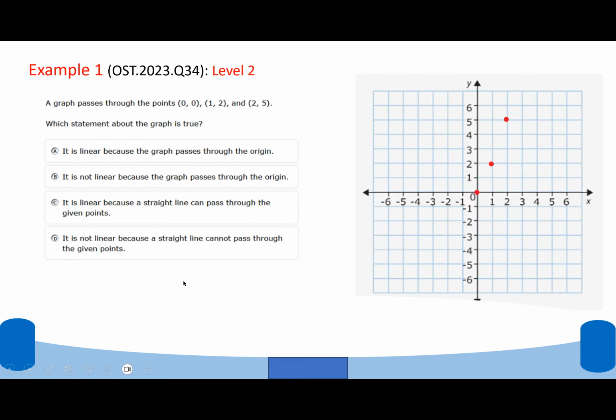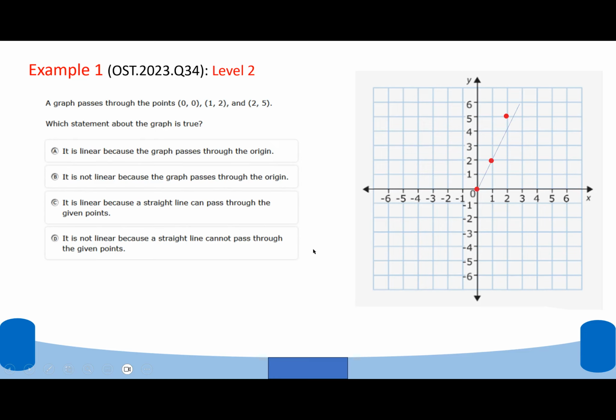So I draw the points here. This is 0, 0, 1, 2, and 2, 5. If I draw a line between the first 2 points, I see it doesn't go through the third one. So my answer would be it's not linear because a straight line cannot pass through the given points.